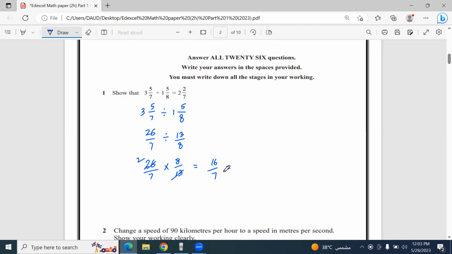And if you check again, 16/7 is an improper fraction, and there are 2 ways to change into mixed number. One is long division, other is you can check very close to the 16, which is 14 with table 2, plus 2, or you can say that 14/7 plus 2/7, which gives us 2 2/7.